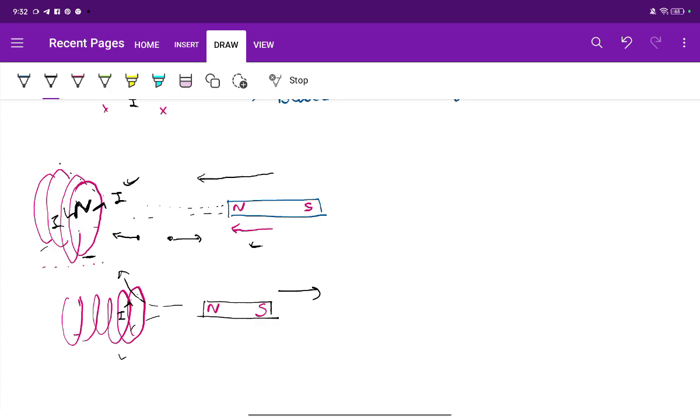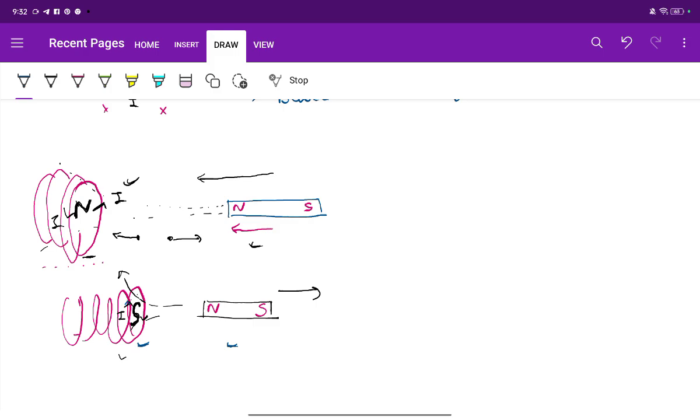It will generate a current in such a manner to attract this bar magnet, okay? So it will produce a south pole here, okay.